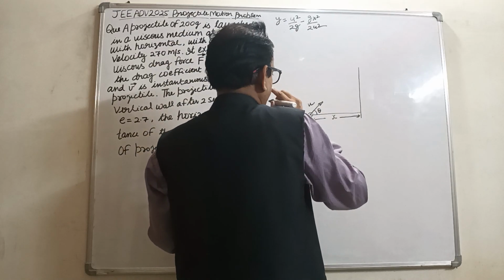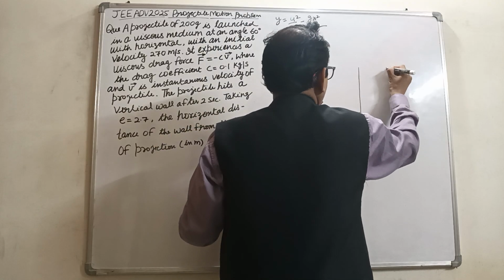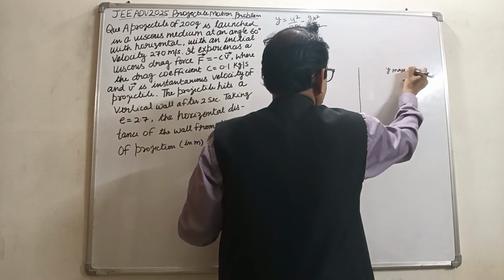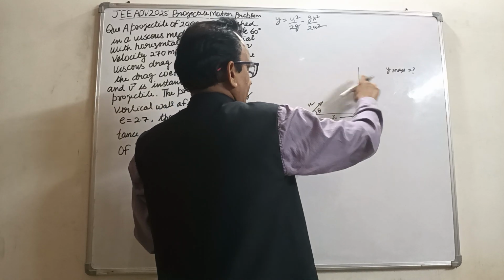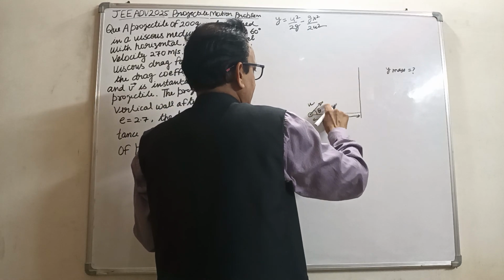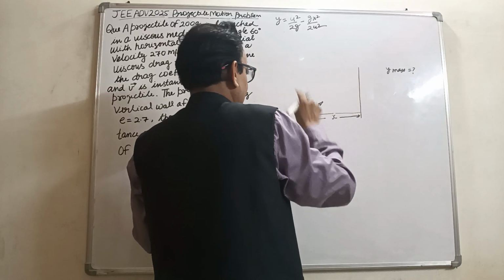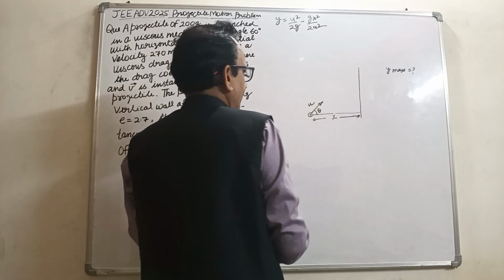So here we have to find y maximum. So what is the maximum height of the wall? This ball strikes on this wall.